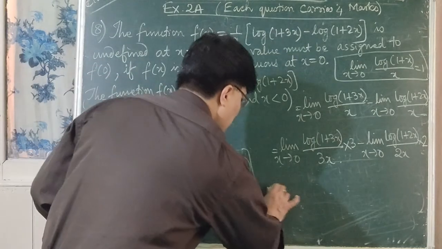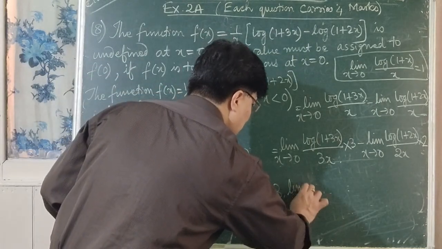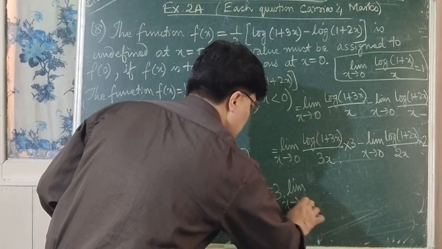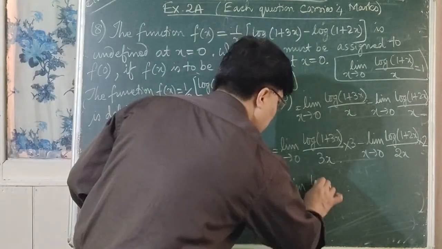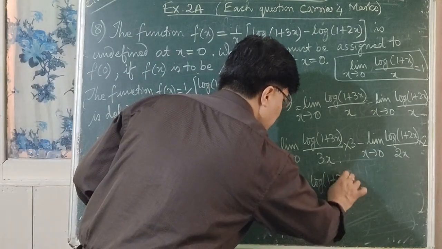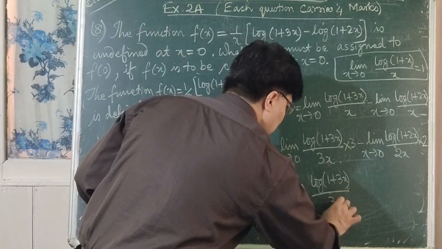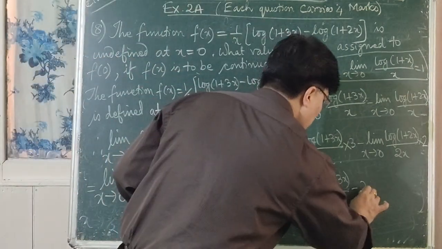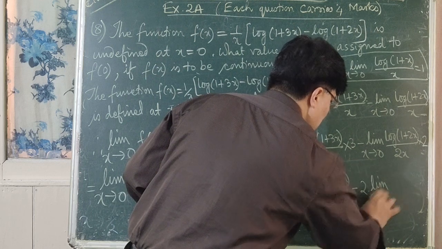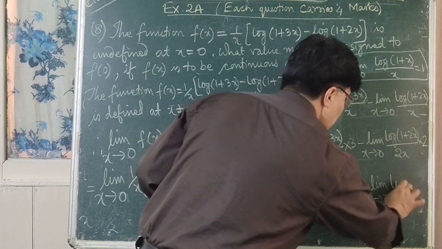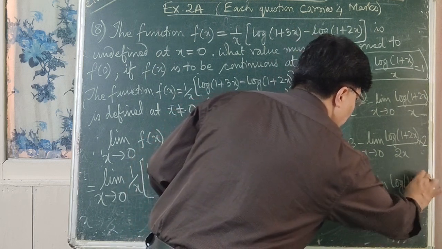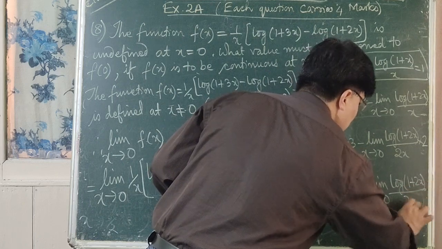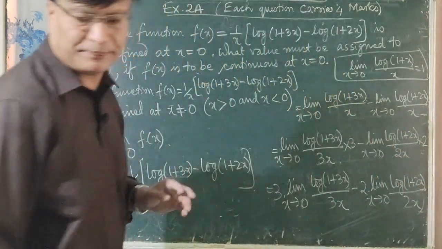So which is equal to 3 into limit x tends to 0 log of 1 plus 3x divided by 3x. Next, minus 2 into limit x tends to 0 log of 1 plus 2x divided by 2x.